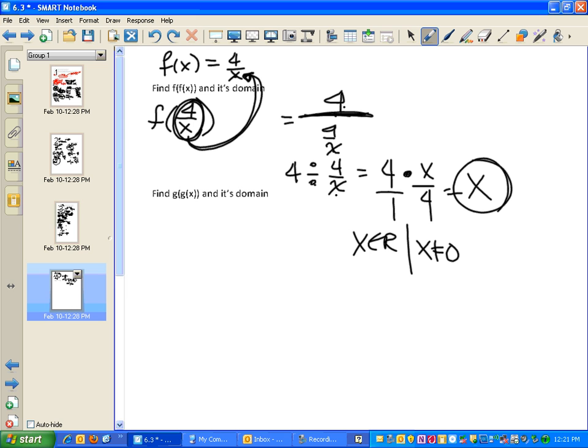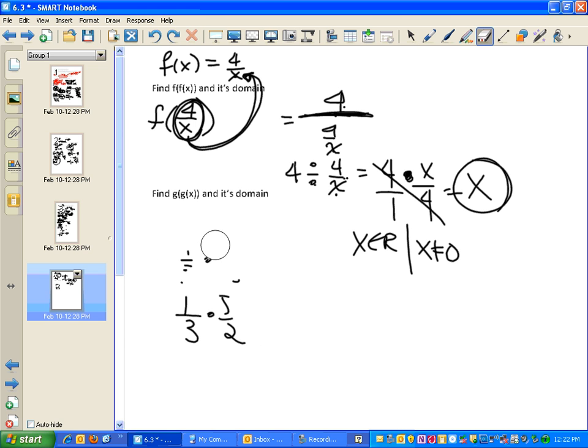If you divide by a fraction, you multiply by the reciprocal. I mean, what's 1/3 divided by 2/5? Isn't it 1/3 times 5/2? What is 4 divided by 4 over x? It's 4 times the reciprocal, x over 4. So these 4's cancel out, and you're left with x.